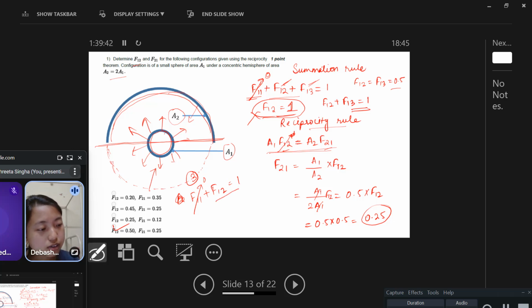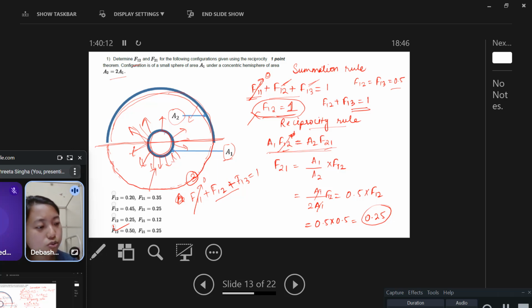So here in this case F12 becomes 1. But from the geometry we can see that this can never be 1, because whatever A1 is emitting, this part of the radiation A1 is radiating, it cannot receive them. So it can never be 1. So what we have done is we have considered another surface here, which is surface 3, and we have added it there.